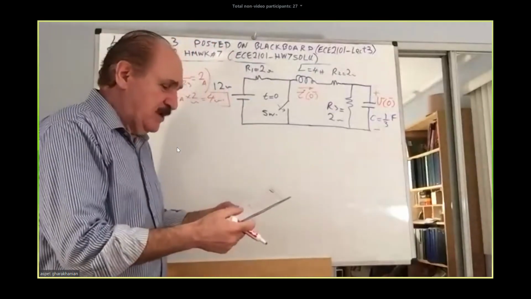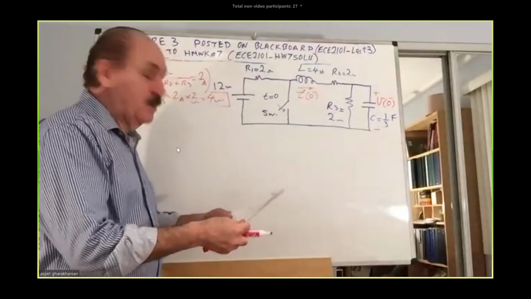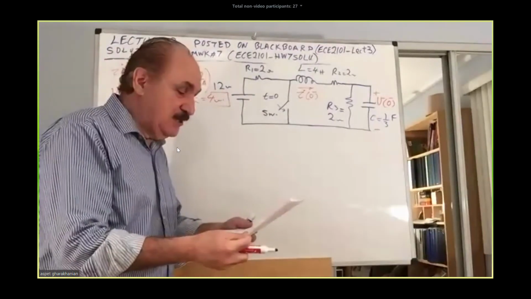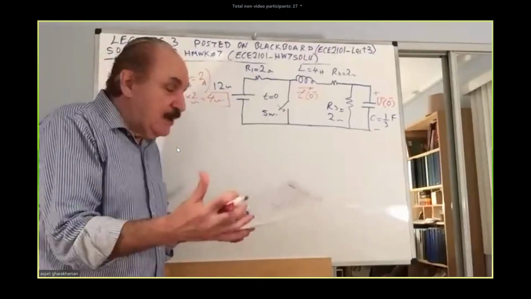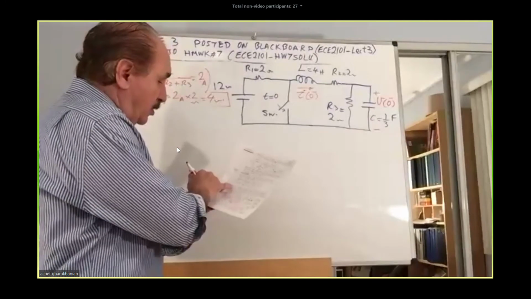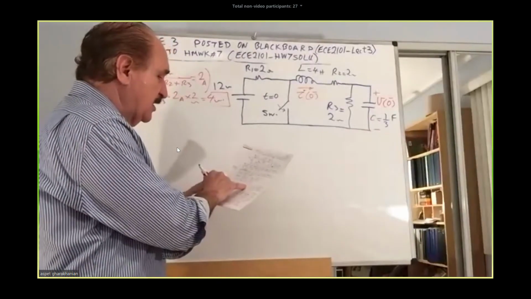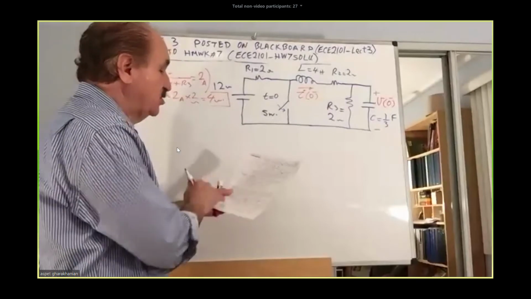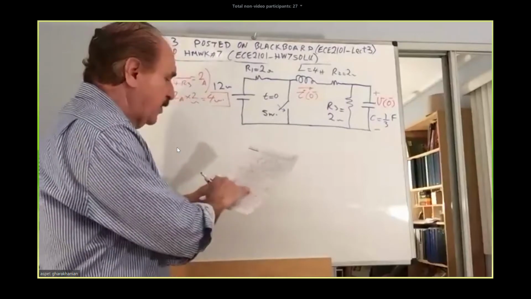So we are equipped at this point with initial values. Then next thing is to create the model, the complete model. Okay. Step 2. Draw the Laplace impedances accounting for initial conditions. It means go and use the models.